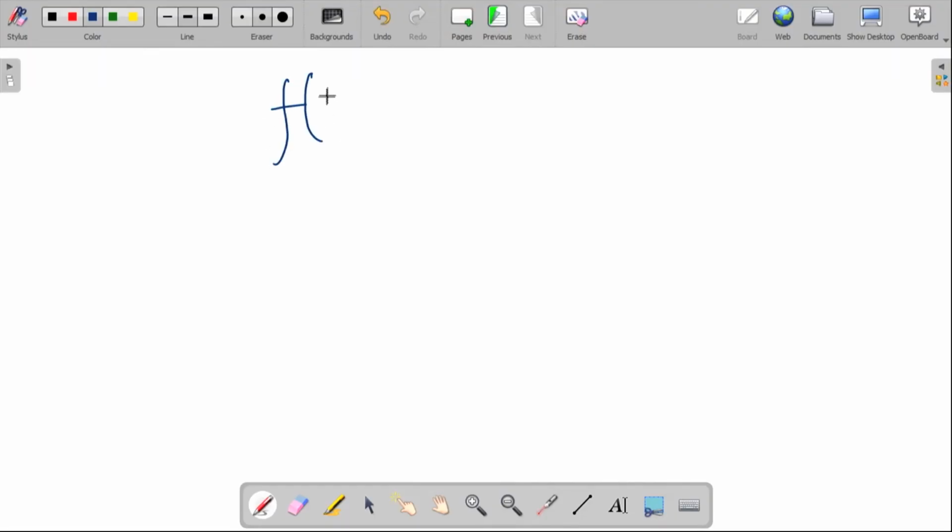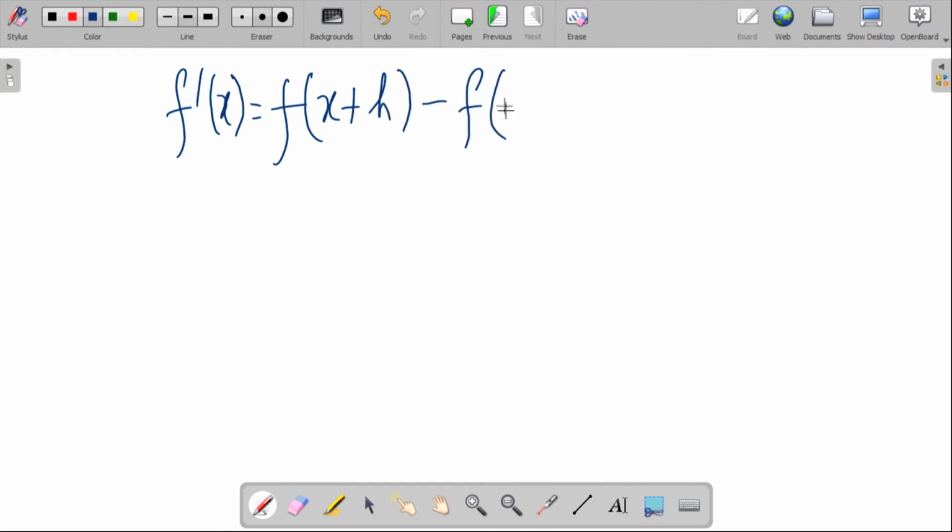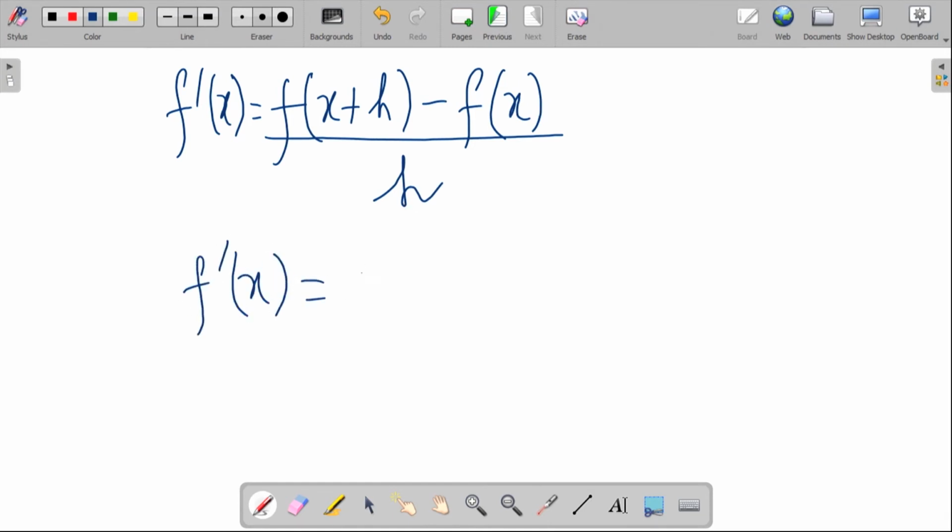You may be wondering that the kind of approximation that we did would mean that you have different possible versions by means of which you can approximate the derivative. So, we already looked at two of them.